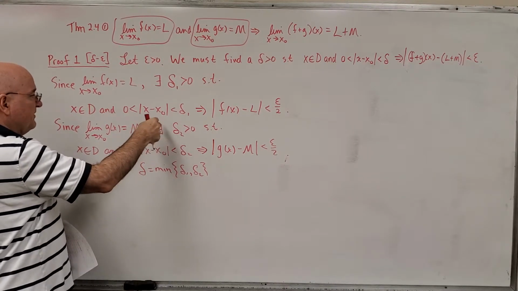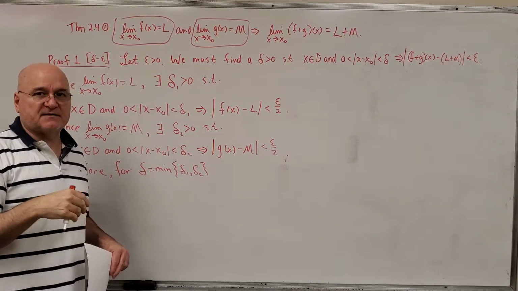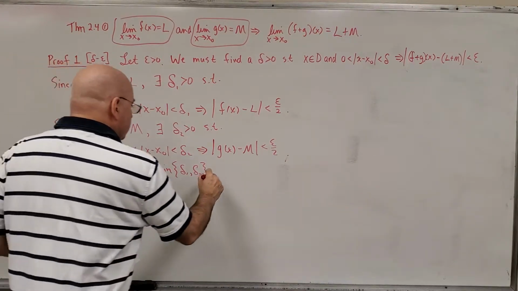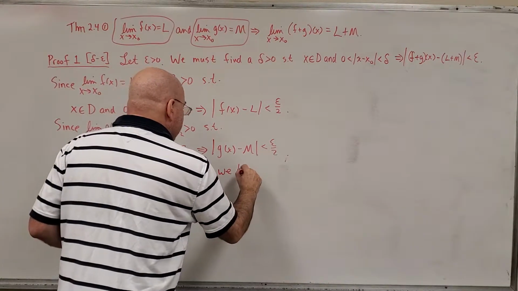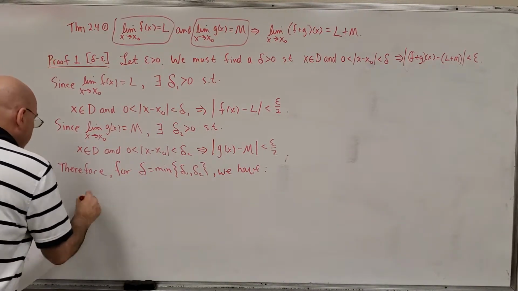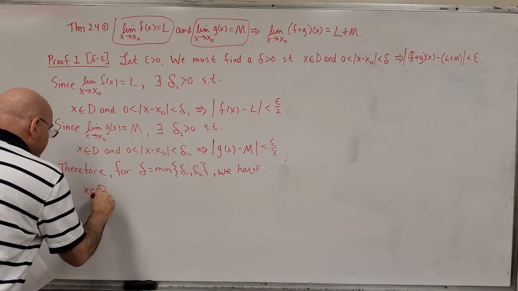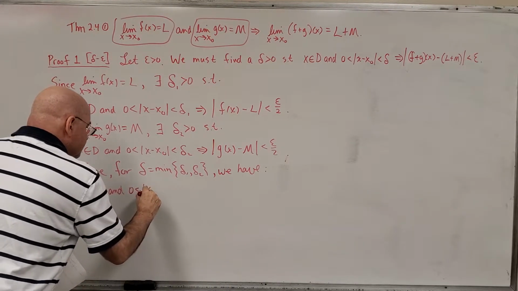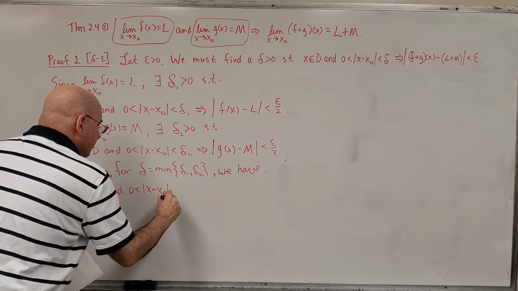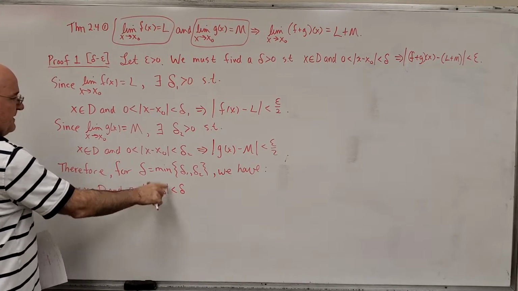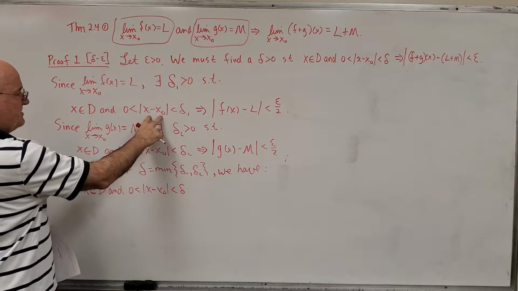That means it's within delta 1 and it's within delta 2 of x naught, because delta is the smaller of the two. We have the following: x in the domain and 0 less than the absolute value of x minus x naught less than delta, which means this is true and this is true.